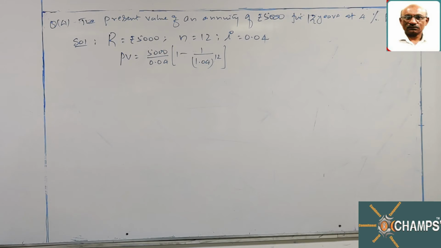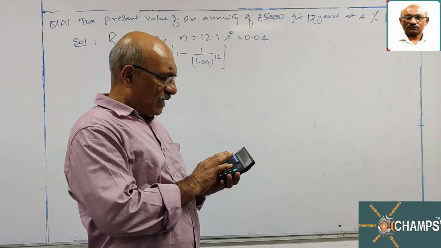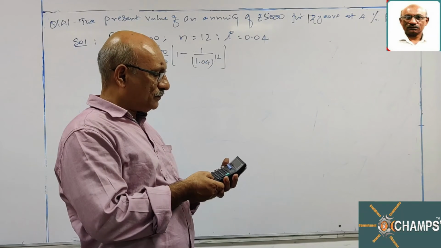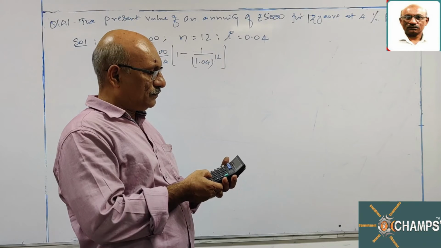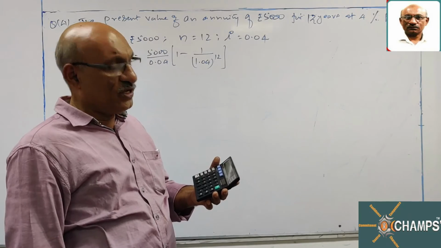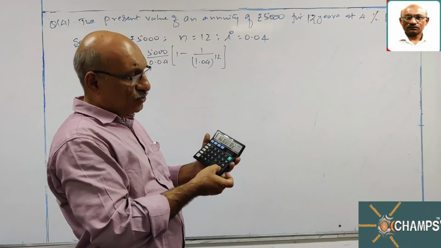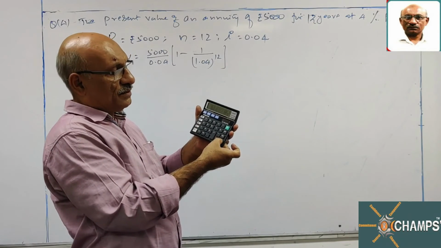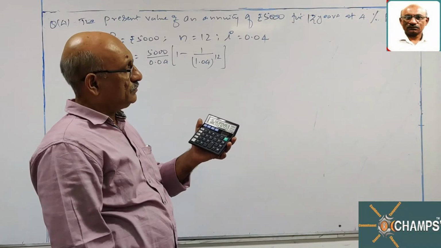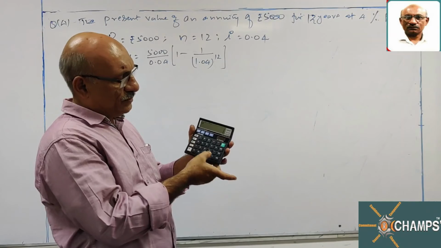Let us see simplification on calculator. One more time I am explaining. 1.04, raise x power to 12. You'll get 1.6010322. And 1 divided by this value. So for this you store it in memory. 1 divided by MRC, then subtract 1, minus 1.